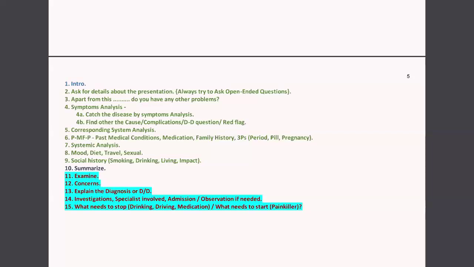And then you have to explore the primary symptoms, or many symptoms if the patient has them. So you can ask, what brought you here today?